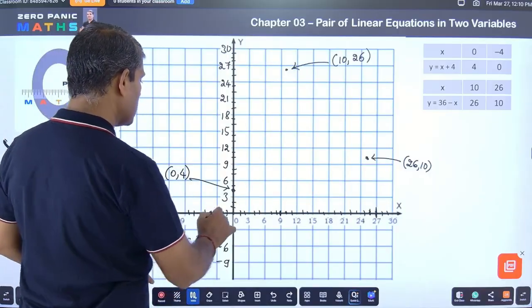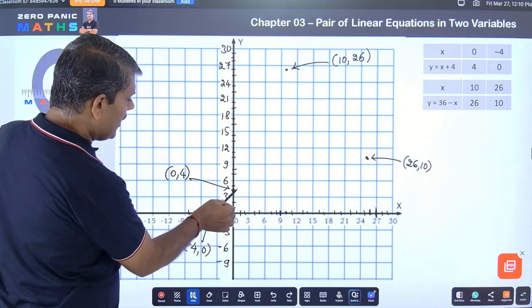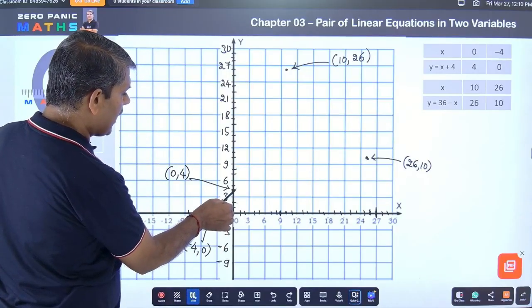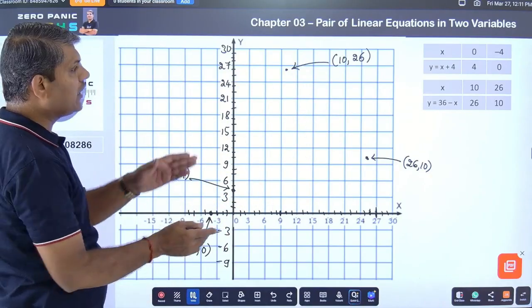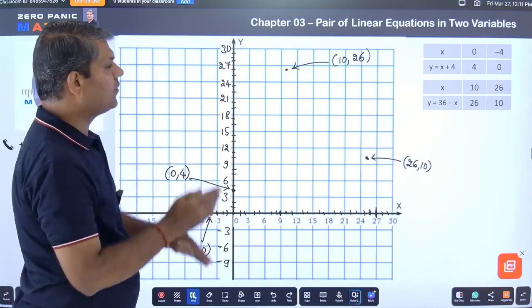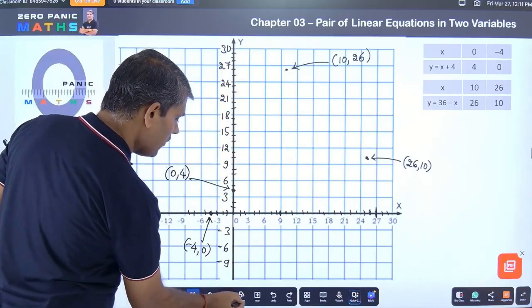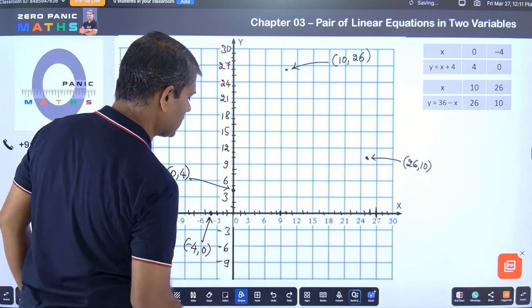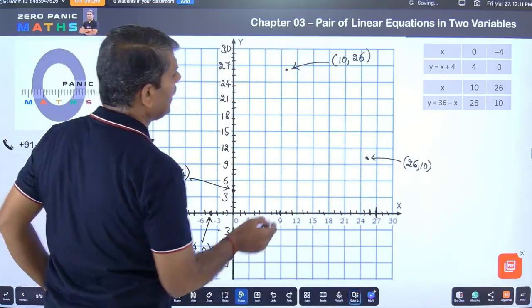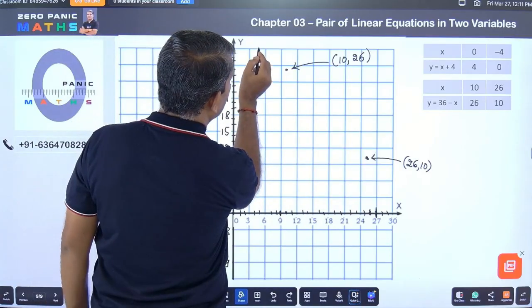Right? Let us draw this line and draw this line also. Here, if you observe, the coordinates of the first line are actually here only. We are going to extend this line so that we'll get an intersection of these two lines. Let us first draw the line and check whether they are intersecting each other or not. Let us draw this line first.